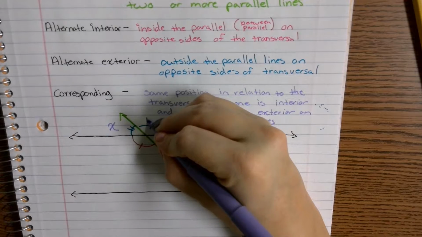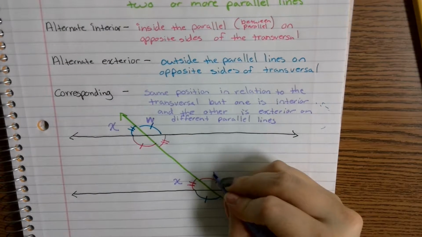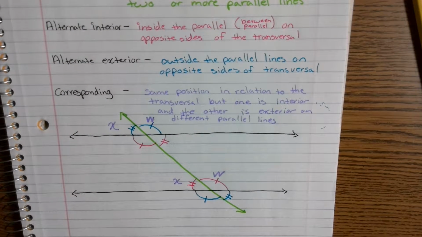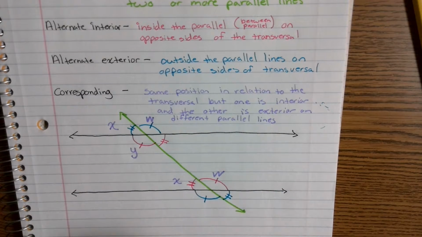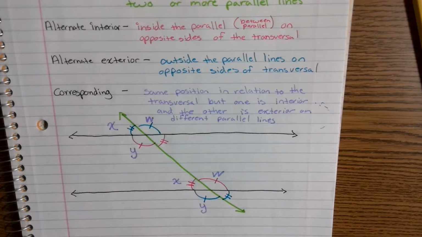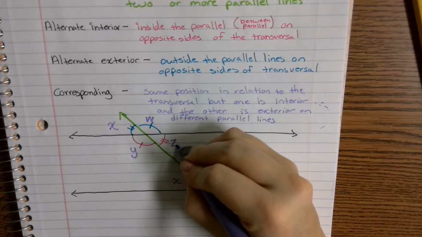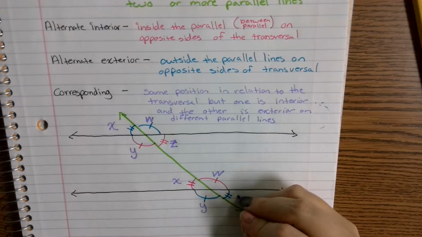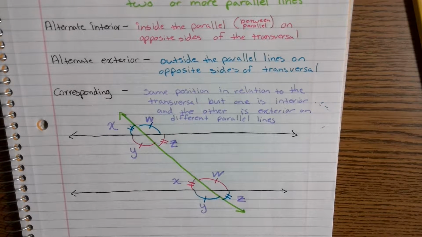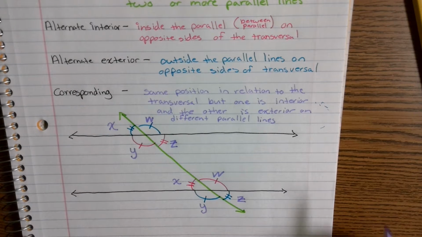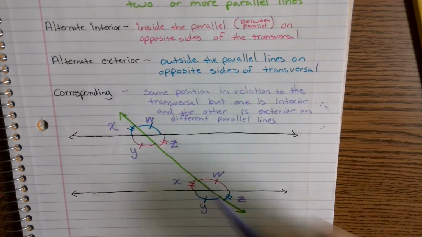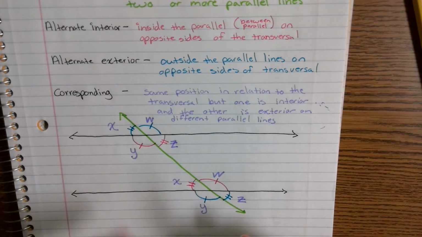So if this one was W, this one is W. If this one here is Y, this one here is Y. If this one up here is Z, then the bottom right is also Z. So they have to be able to move and overlap each other or match up with each other. They're just on different parallel lines. Are there any questions so far?